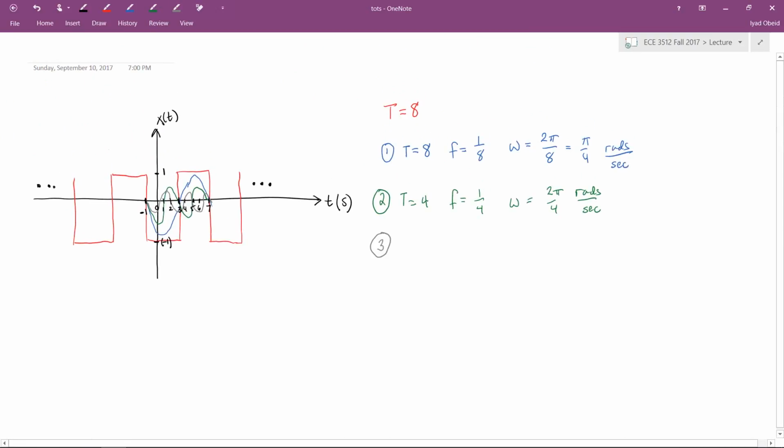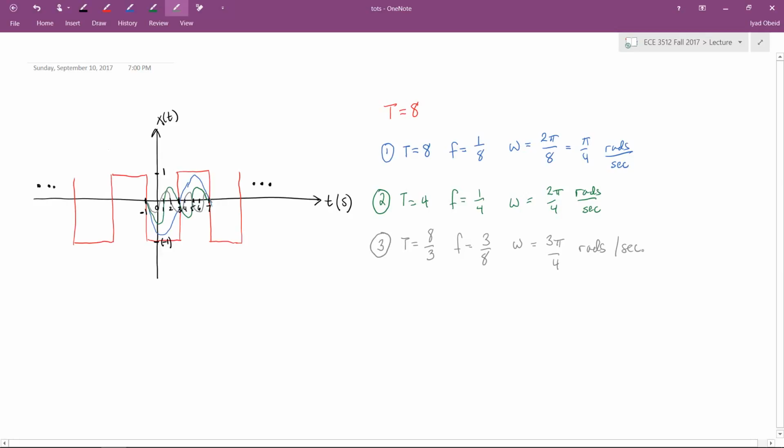So in this case, the period is going to be 8/3 of a second, which means its frequency is going to be 3/8 of a hertz, which means in radians per second it's going to be 3 pi over 4 rads per second.